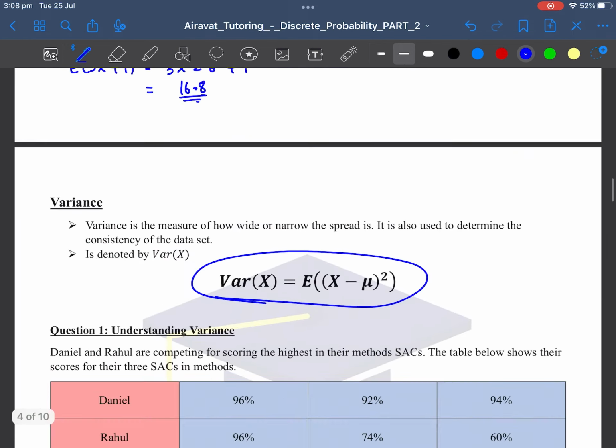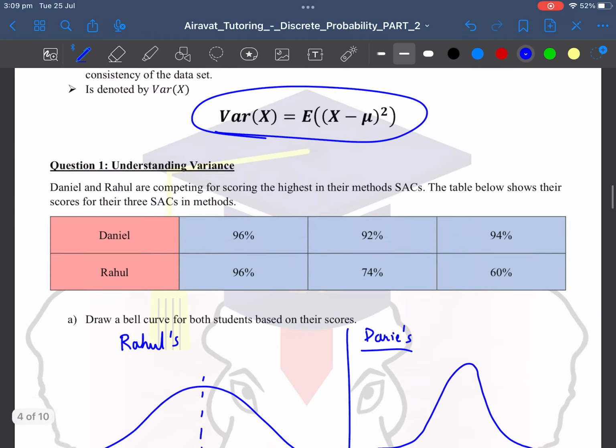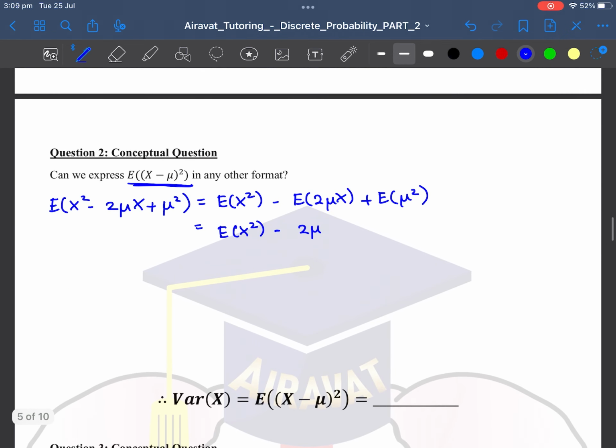As we already saw in the linear transformation formula derivation for mean, we can take things out of the bracket as long as they are linear, and this term is linear, right? So 2 mu is out of the bracket times E of X, plus mu squared. Now we know that E of X is equal to mu, they're the same thing, just different syntax. So we can substitute that in here.